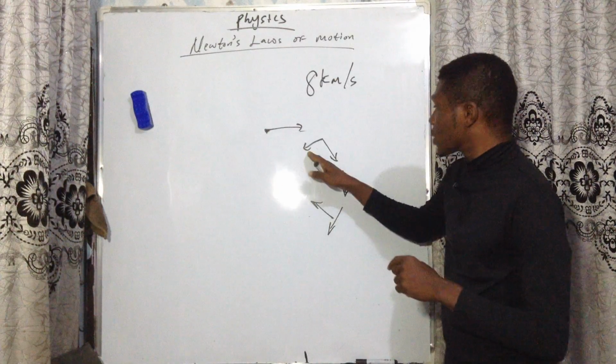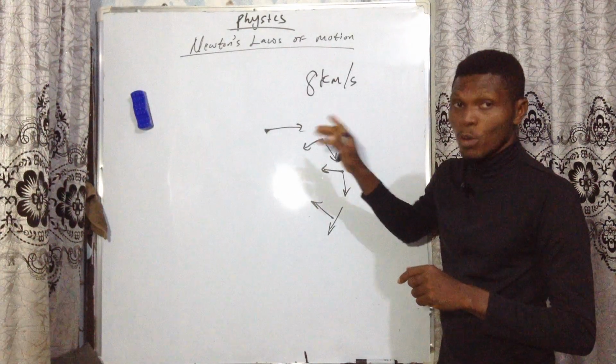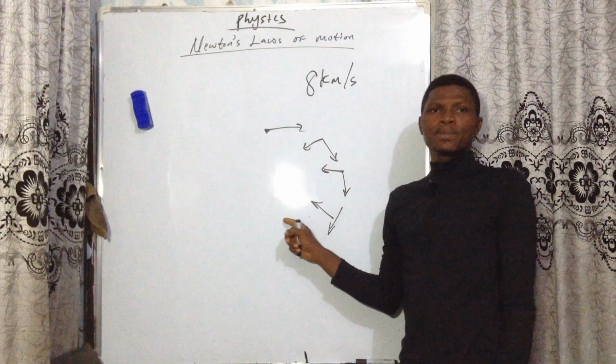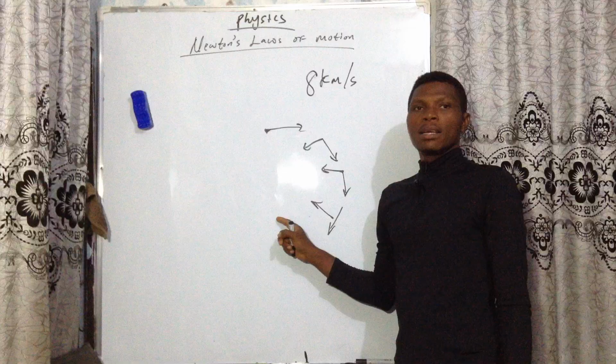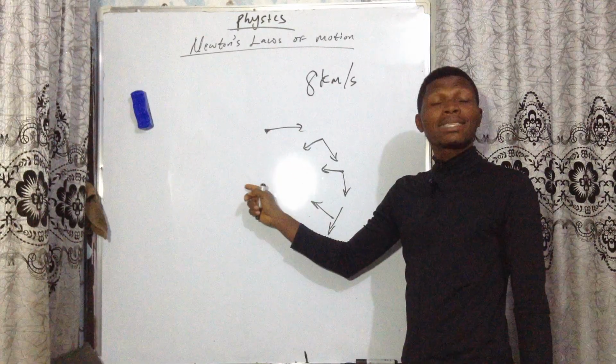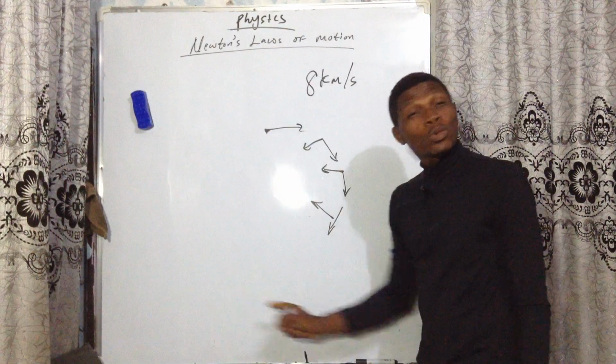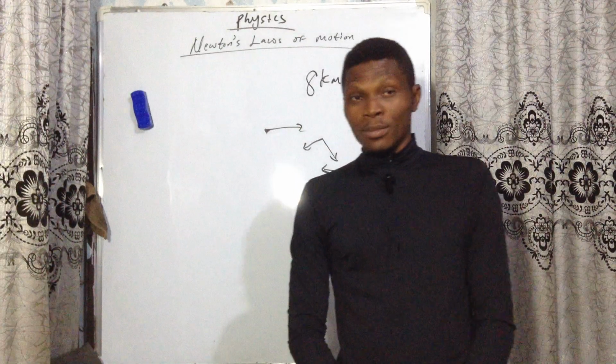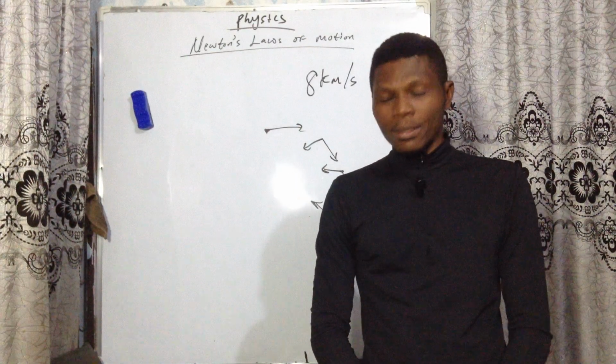This is not an example of Newton's first law, but rather the second law, because there is a direction change. Do you understand? Yes. That bullet will continue to circle the earth forever if there is no resistance to its motion. Do you understand?